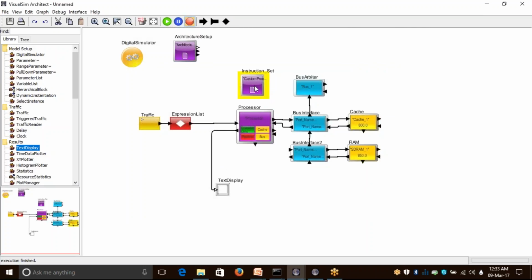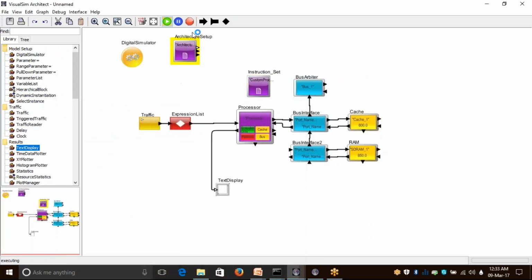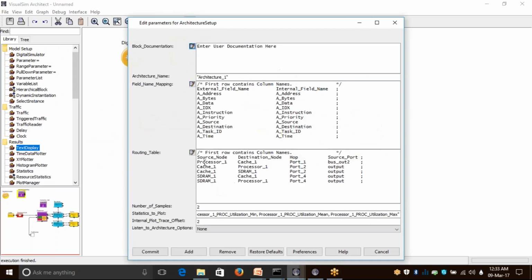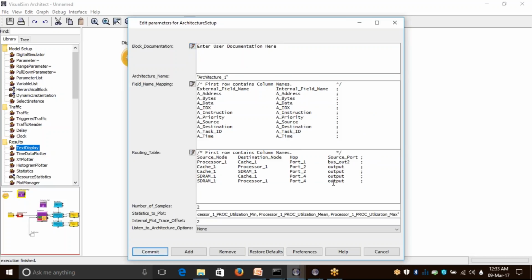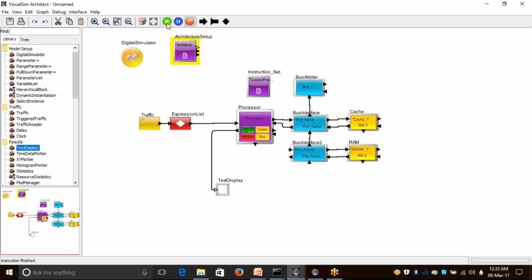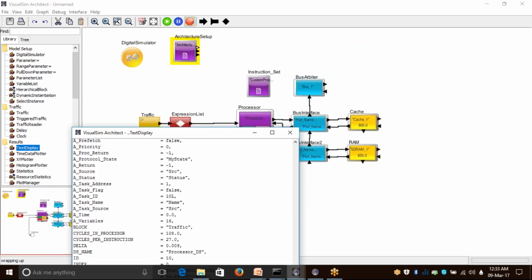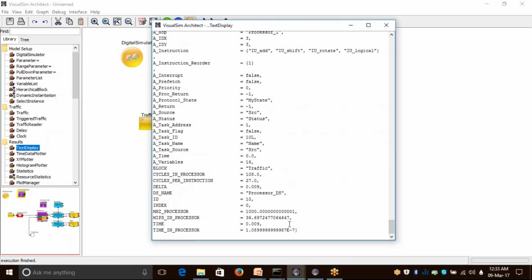I'm going to run the model. Okay, it is trying to utilize a default routing table, which is possibly giving me the error. I'm going to run the model again. What I can see over here is I am able to run the model.